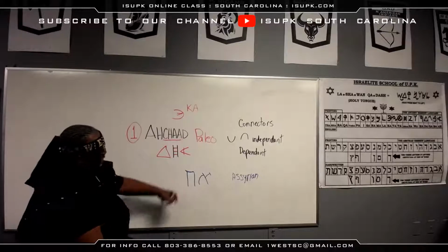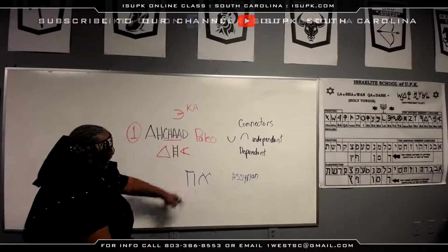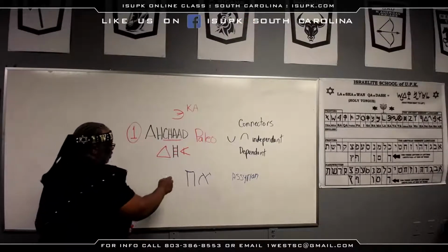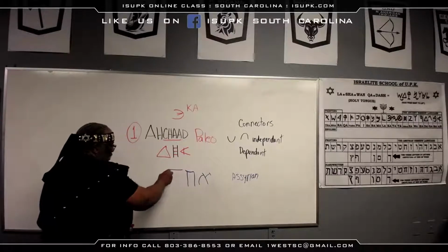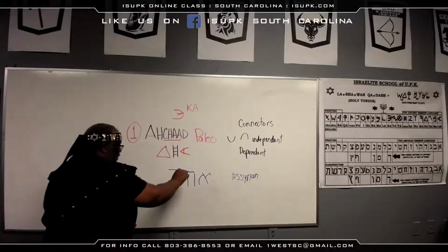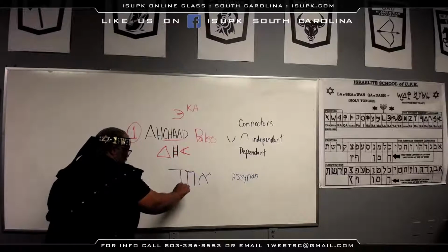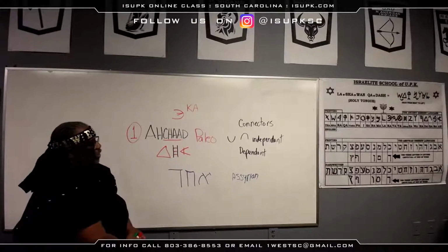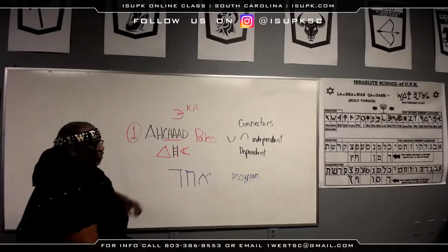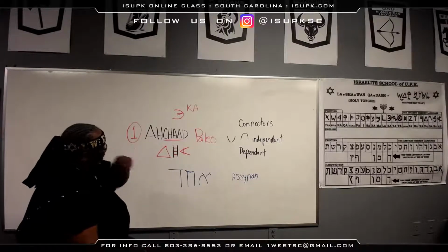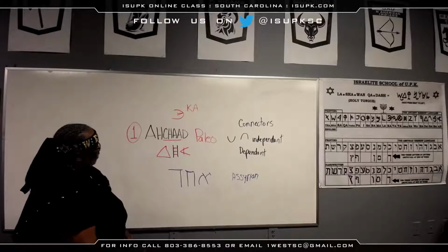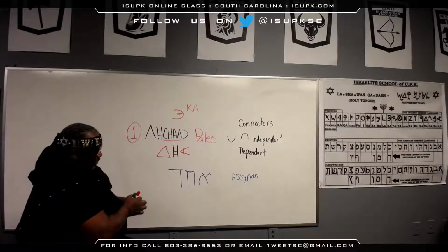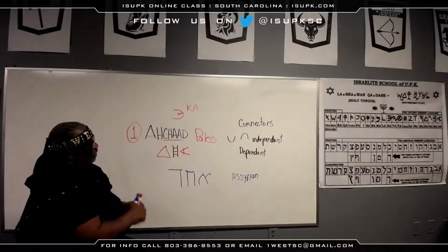In Assyrian, it's ka. Then you have a da. I try to write these real big here because I just want to take the time to illustrate. I don't want to stress the board out here. I just want to take the time so people can understand. And then we're going to put the connectors here.